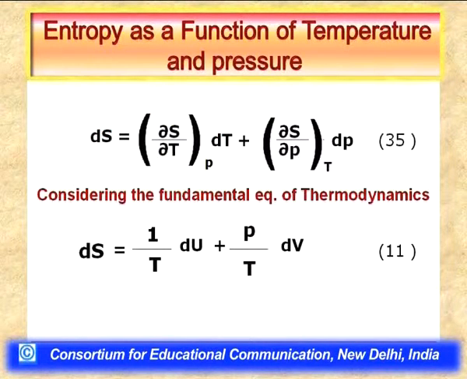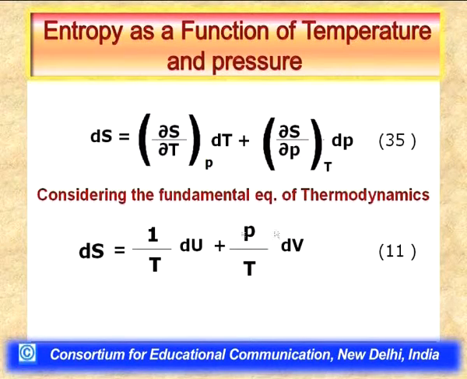But here there is a problem. If we compare this equation, envisaged for the entropy change in terms of temperature and pressure, with the fundamental equation of thermodynamics, there is no such variable change: there is a change in volume and a change in internal energy in the fundamental equation, but in the equation we have envisaged for entropy change, there is a change in temperature and a change in pressure.